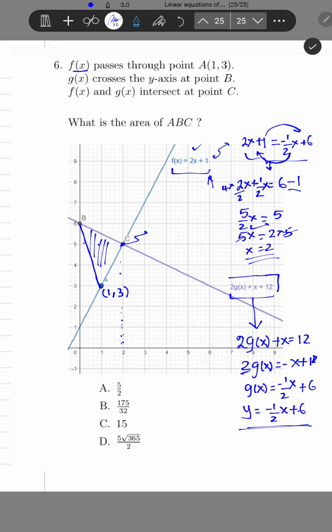That's one thing. Now let's find out the corresponding y value by putting 2 in any of the two equations. Let's put it here in f of x. F of x is equal to 2x plus 1. Then 2 times 2 plus 1 is 5. Very good. Now let's find out the y-intercept of g of x to find the corresponding point in here.